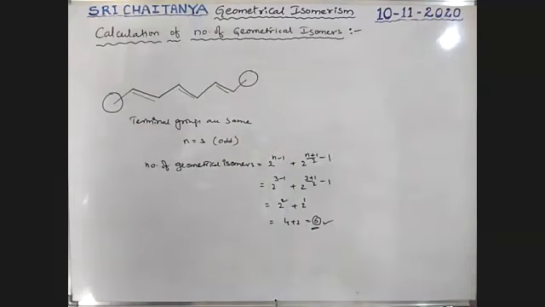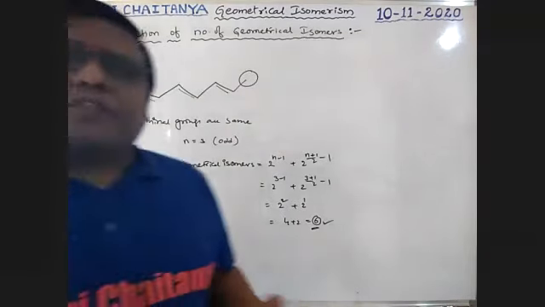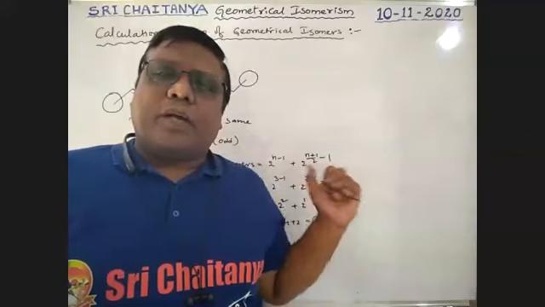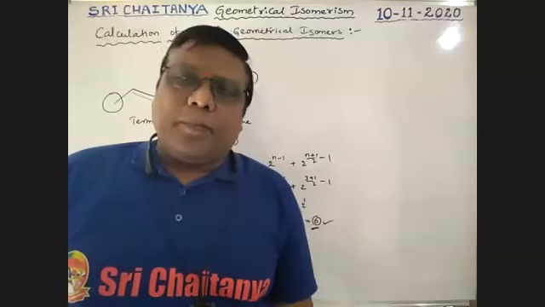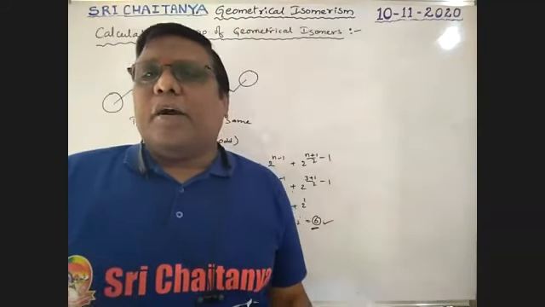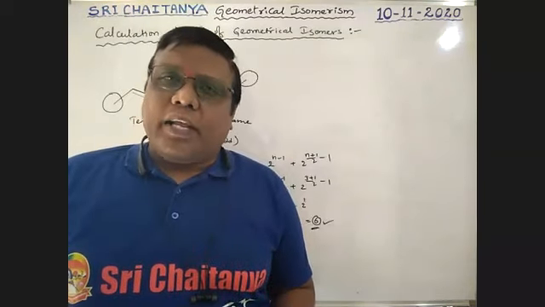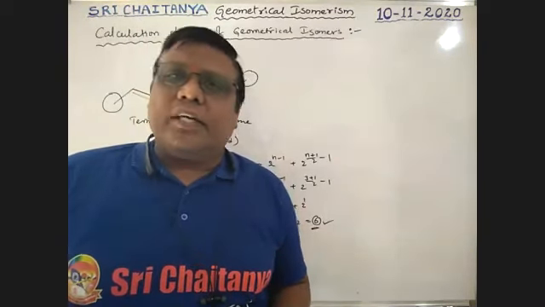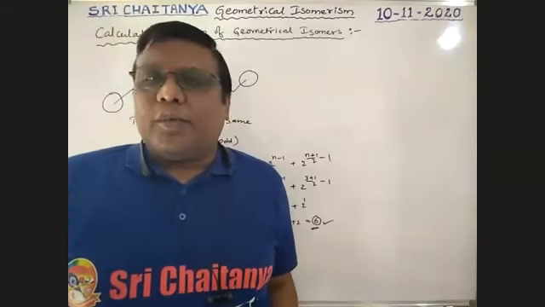Like this, boys, if terminal groups are same, apply this formula. If terminal groups are different, apply the 2 power n formula. So this is about calculation of number of geometrical isomers, and this completes geometrical isomerism, boys.